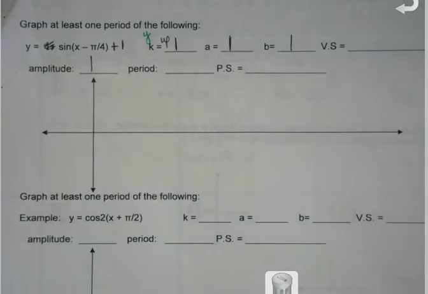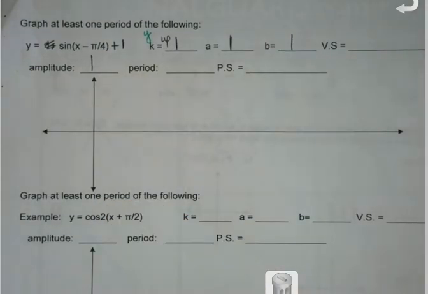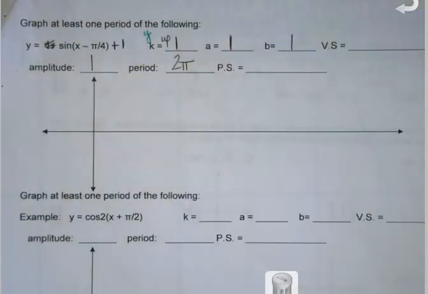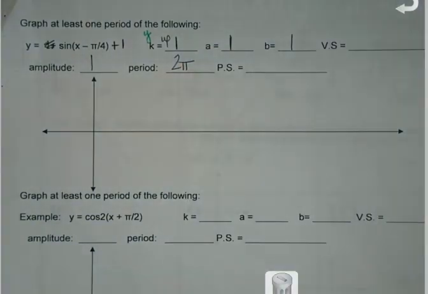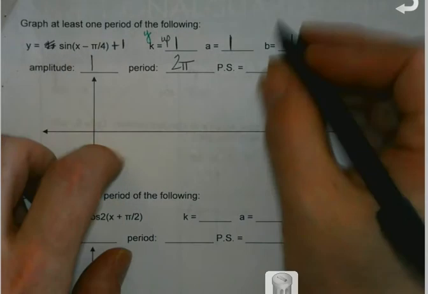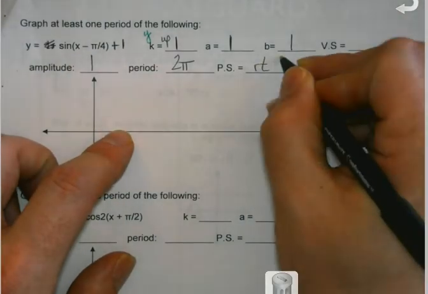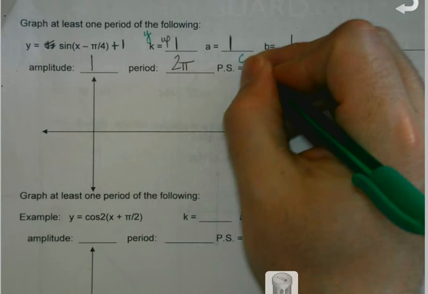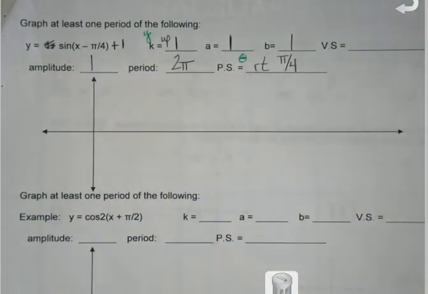I'm going to be going up 1, like we just mentioned here. My period didn't change at all. But I'm going to be shifting right pi over 4, which affects my angle measure. So it looks like I'm going to have 1 change with my angle measure, 1 change with my y.